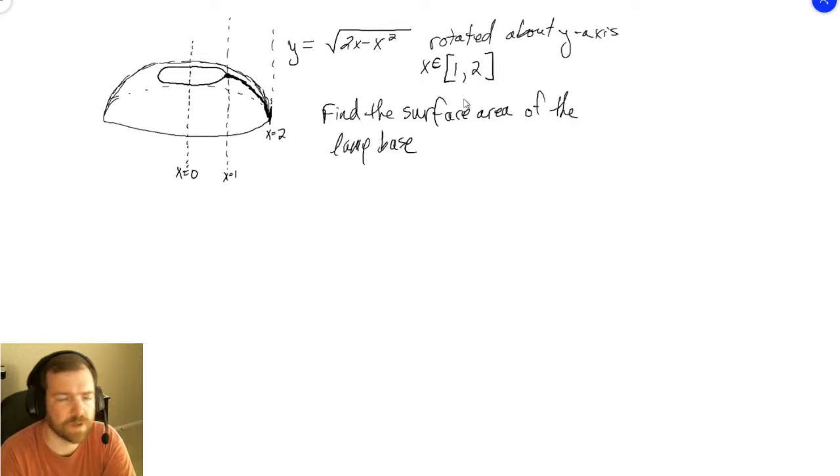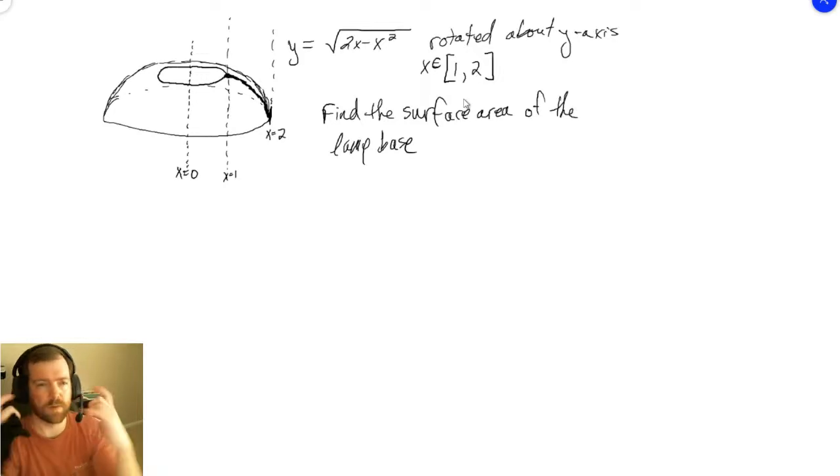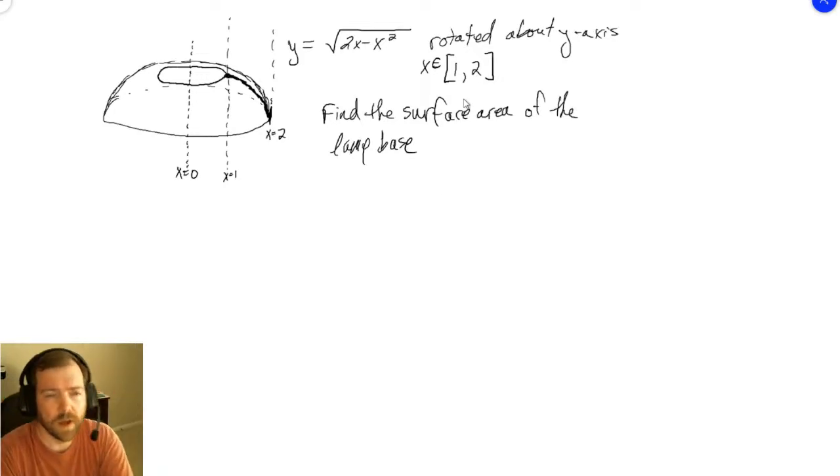Sorry, not lamp shade, lamp base. It's like the bottom of the lamp around the bottom, the weighted part, if you will. So if we want to have some sort of enamel paint on this, or who knows, we can come up with any scenario you want.